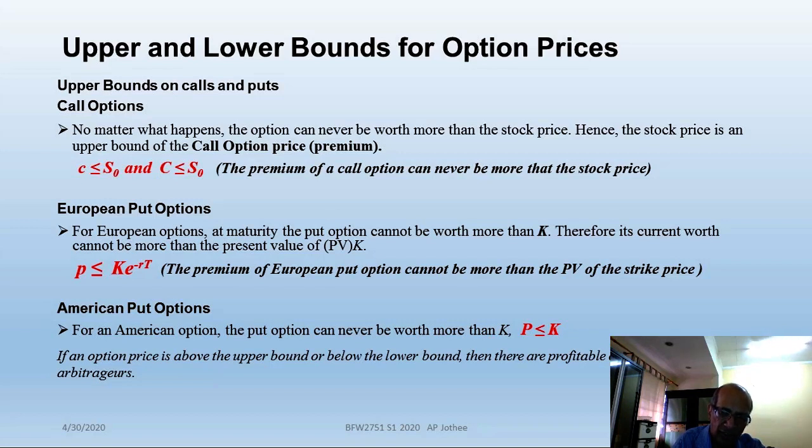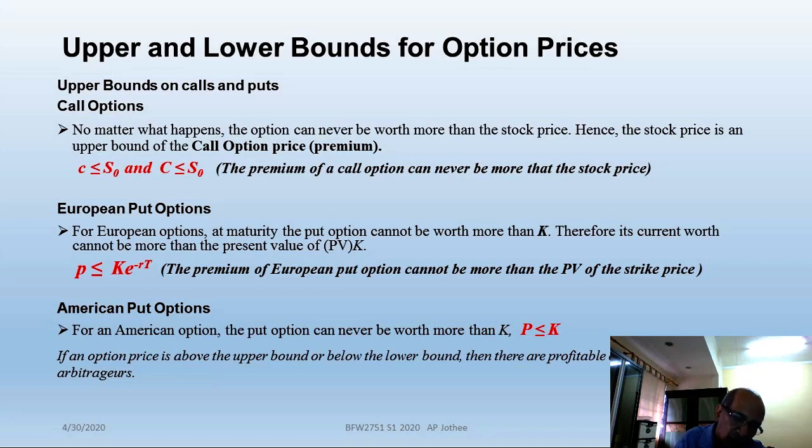So the large P, the American put option price or premium, should be lower than K, the strike price. For a call, the upper boundary is the stock price. For a put, the upper boundary is the strike price. But for a European put option, as the strike price will be paid at the maturity of the option, we present value it now.